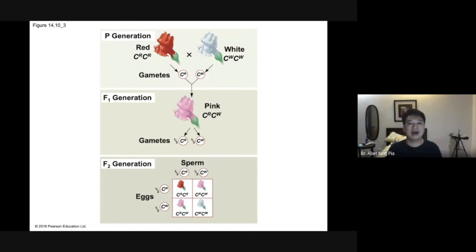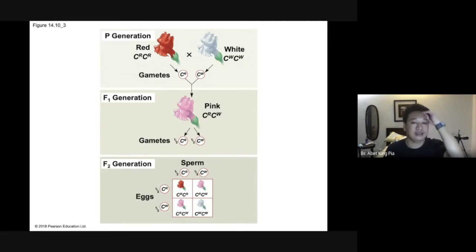Kaya capital letter pareho yung R tsaka yung W. So once you cross the two, you will have the first filial generation which is color pink. Hindi nag-manifest si red, hindi rin nag-manifest si white, and that's why we call it incomplete.